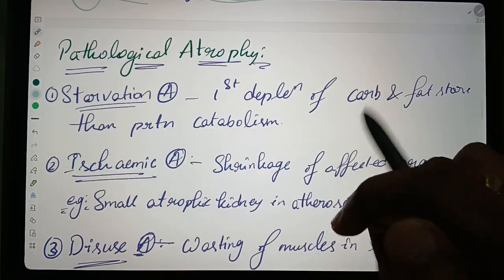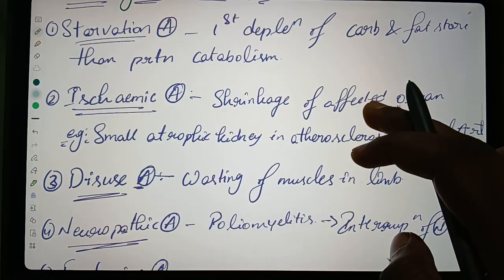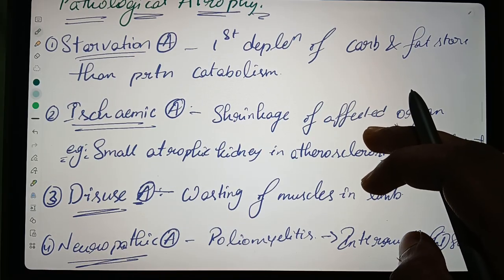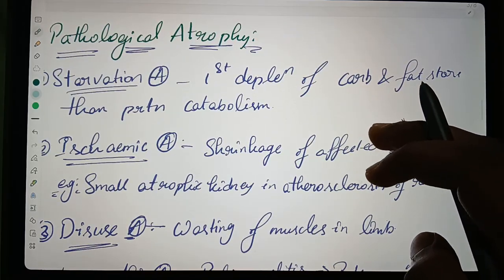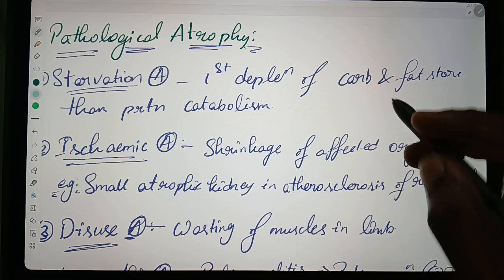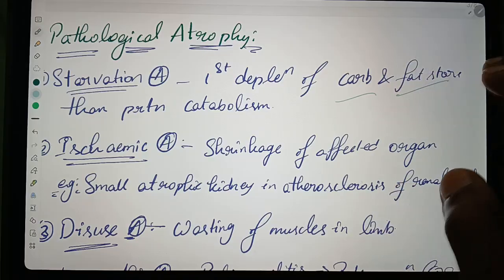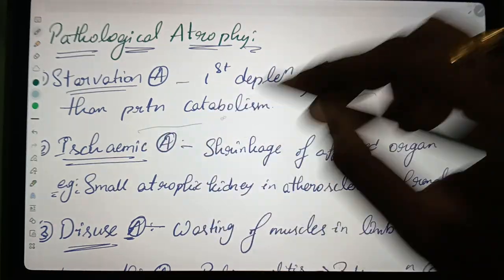Coming to pathological atrophy, there are up to 8 types, but we will discuss some of them. In starvation atrophy, first there is depletion of carbohydrate and fat stores, and then protein metabolism happens.